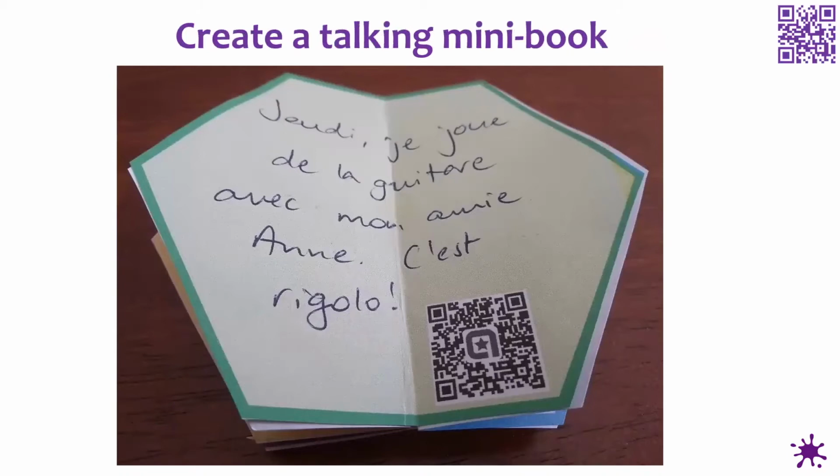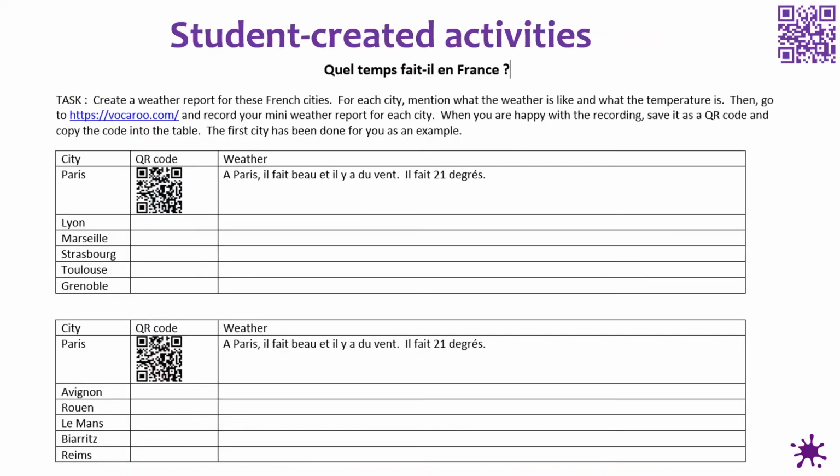QR codes are really handy. I created this activity because students were doing a weather report as an oral, and I wanted them to get a lot of practice at saying, in this city the weather is this and it is this many degrees. But I didn't want to create all these sentences myself, so I set them to do it.